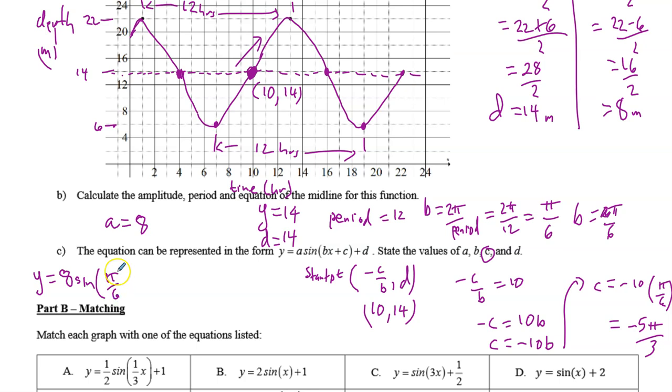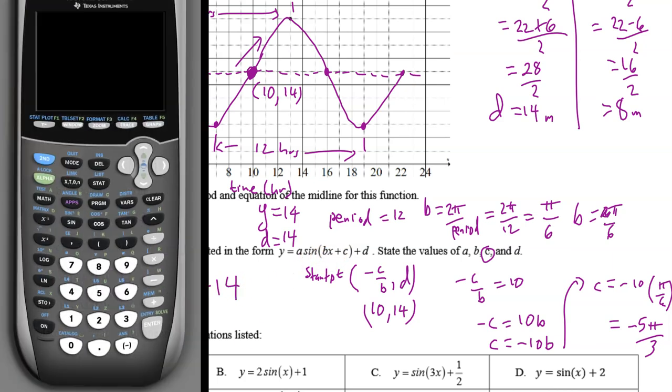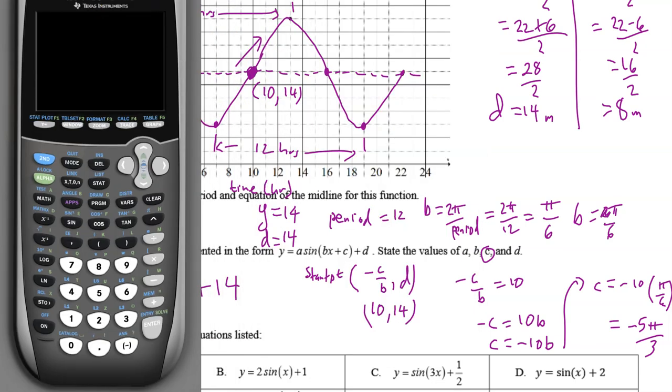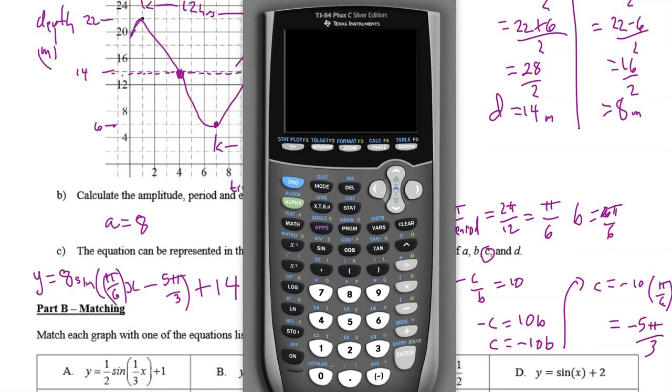Pi over 6, so that's our B value, x minus 5 pi over 3, plus 14. Okay, let's pull up the calculator.